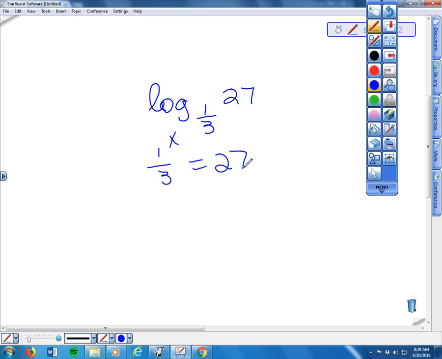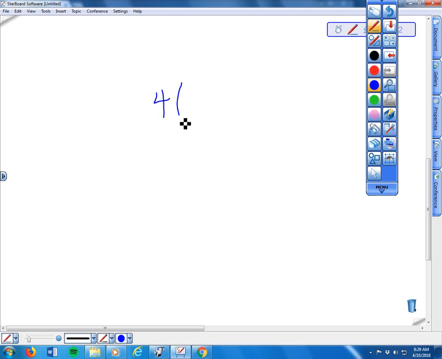I'll try one more. How would I do, let's go 4 times 5 to the x equals 10. How would I go about solving this for x? There should be one step that the very first step should be pretty easy. I would want to isolate the 5 to the x term.